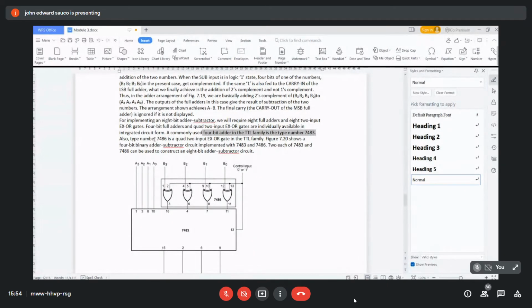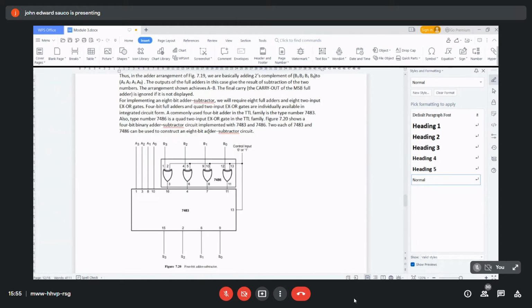And yung 7486 naman, yung quad 2 input XOR gate. So, ito naman yan, XOR gate, ginagamit na. Ito external. Kung itong 7483 is yung adder, ito ngayon yung external niya na control inverter na 7486, para makabuo ka ng adder-subtractor circuit.